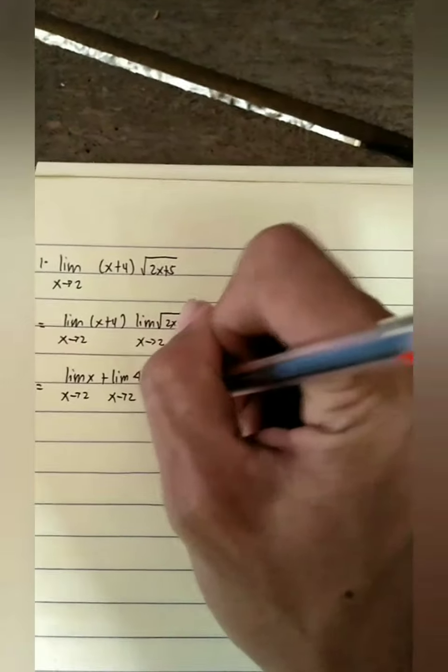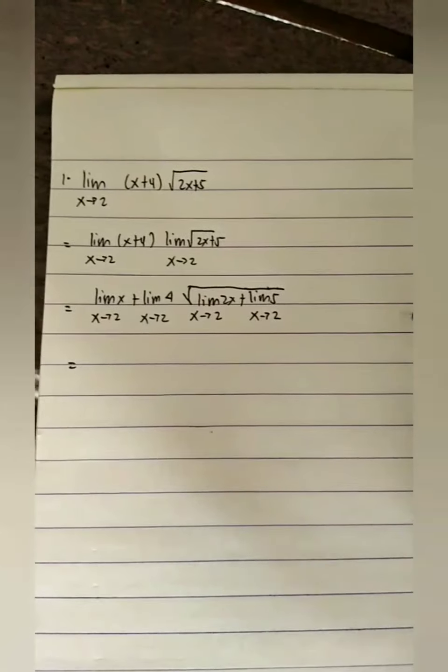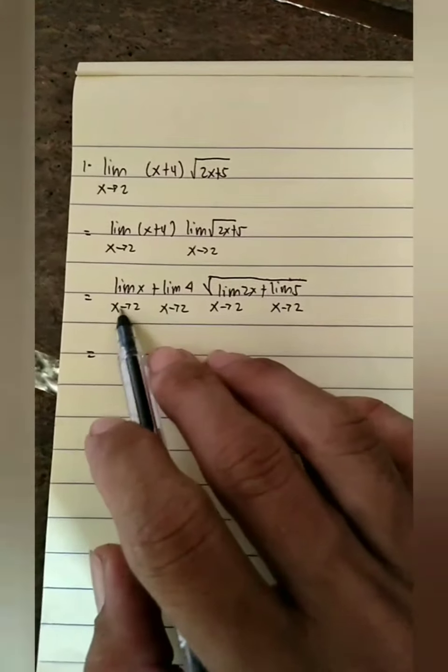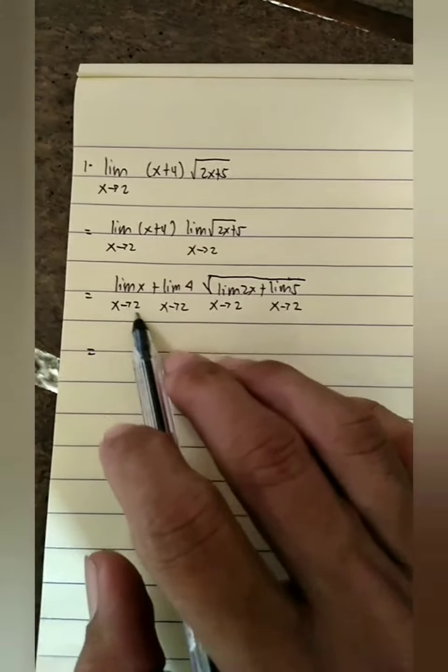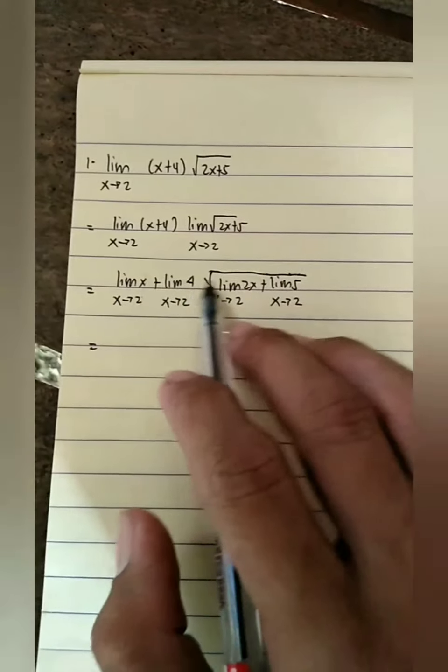Then don't forget to write as x approaches 2, or where your limit approaches. Since our x approaches 2, just simply substitute this value to our variable x in the given expression or given function.